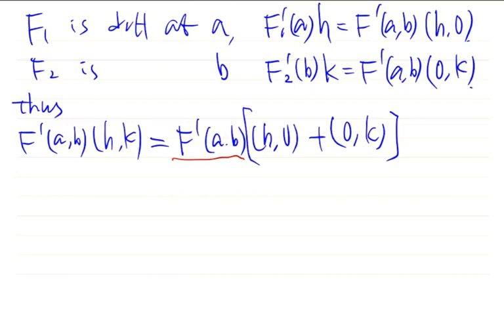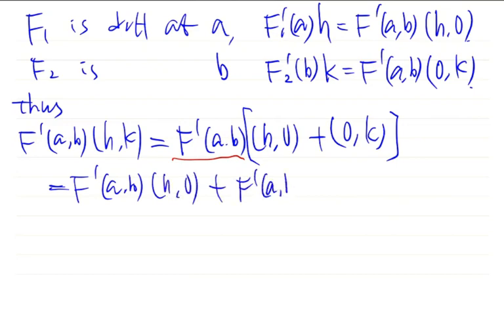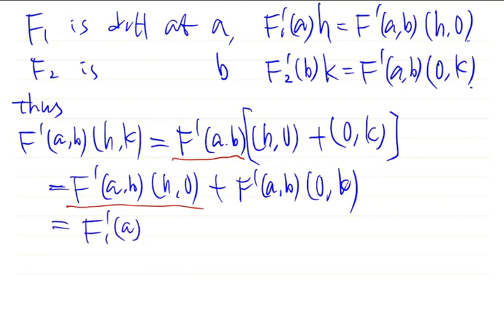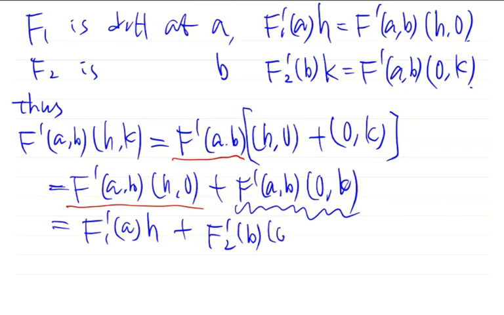So this is precisely F prime at (a, b) acting on (h, 0) plus F prime at (a, b) acting on (0, k). The first term is precisely the derivative of f1 at the point a acting on h. Similarly, the second term is the derivative of f2 at the point b acting on k.